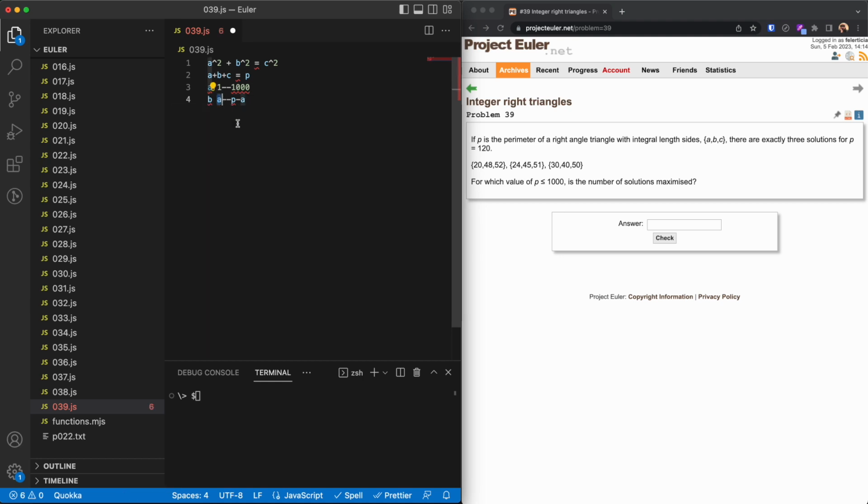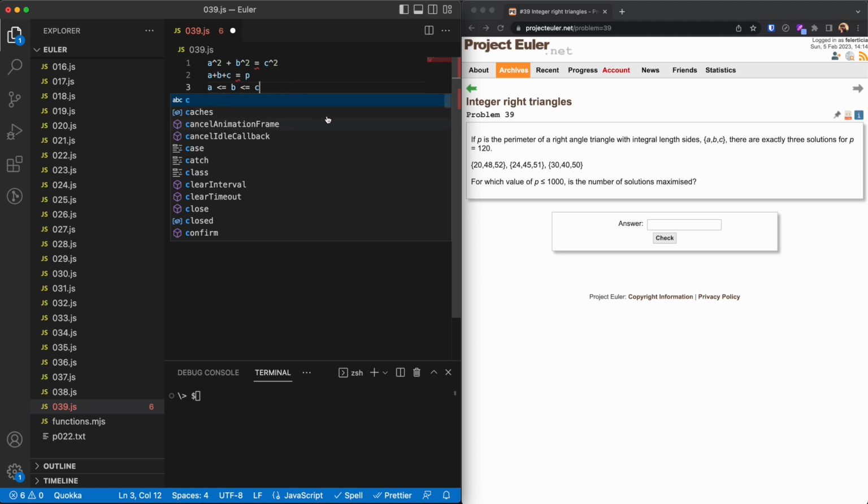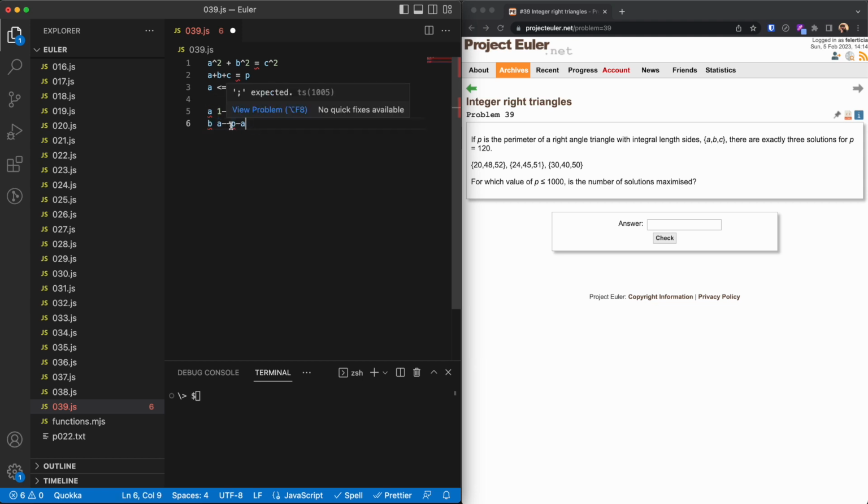We can go for b from 1 also, but we assume that a is less than or equal to b, which is less than or equal to c. We assume this, and that's fine. We can change the position of a and b, and nothing changes in these formulas. So that's why we go from a all the way to p minus a.